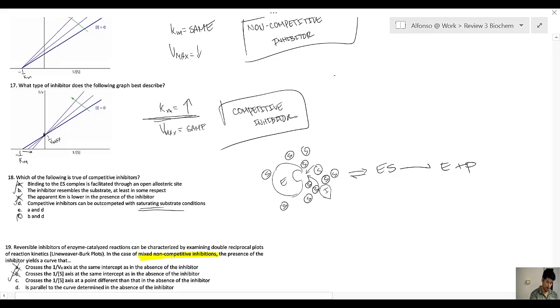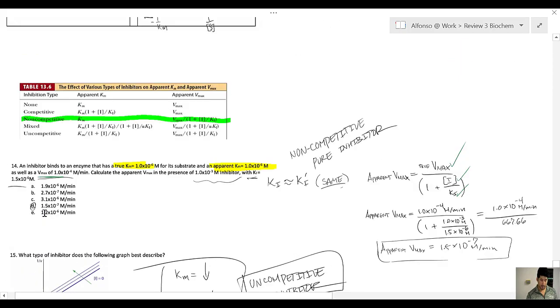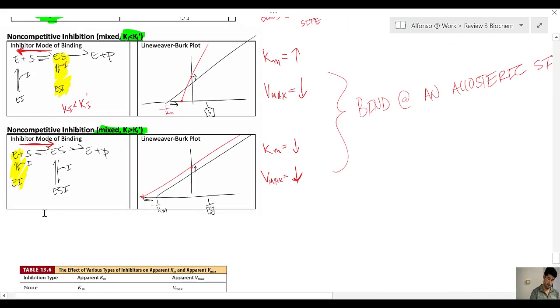The presence of the inhibitor yields a curve that is parallel to the curve determined in the absence of the inhibitor. Does it yield a curve that is parallel to the curve determined in the absence of the inhibitor? No. So here the two slopes are not equal. This is slope 1 and this is slope 2.